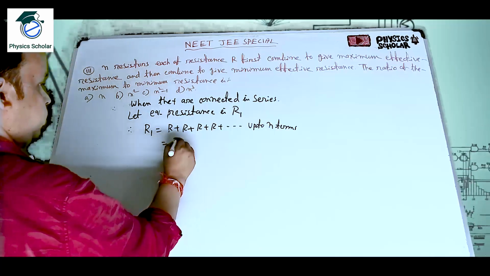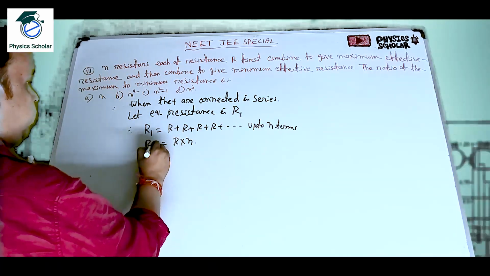So that means R into n. Clear? So that is the equivalent resistance.